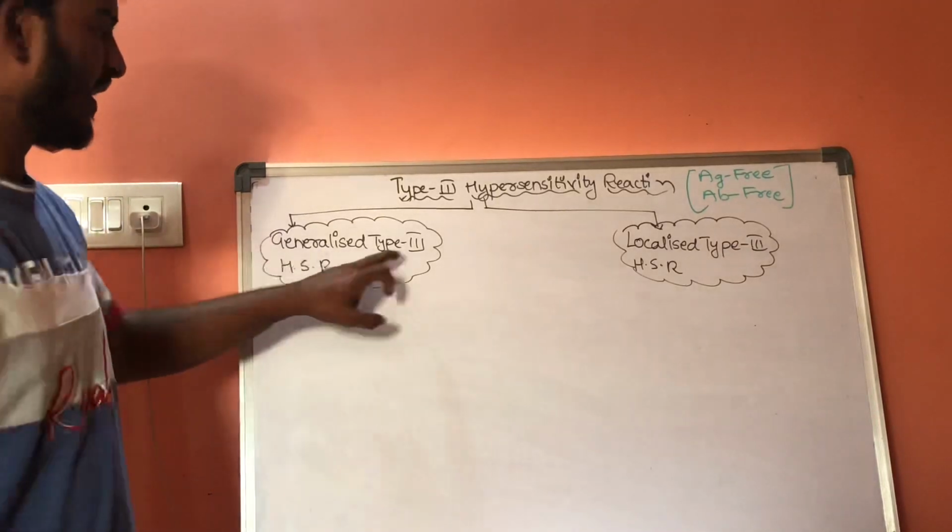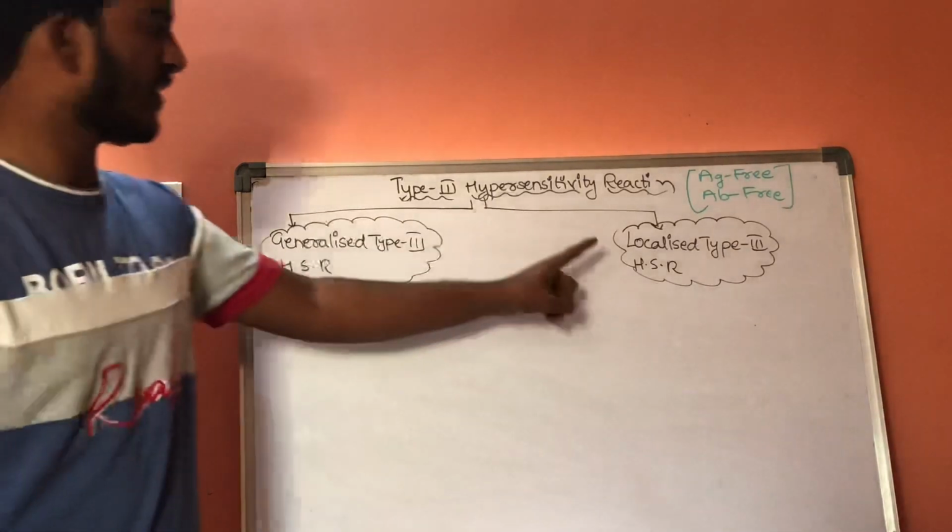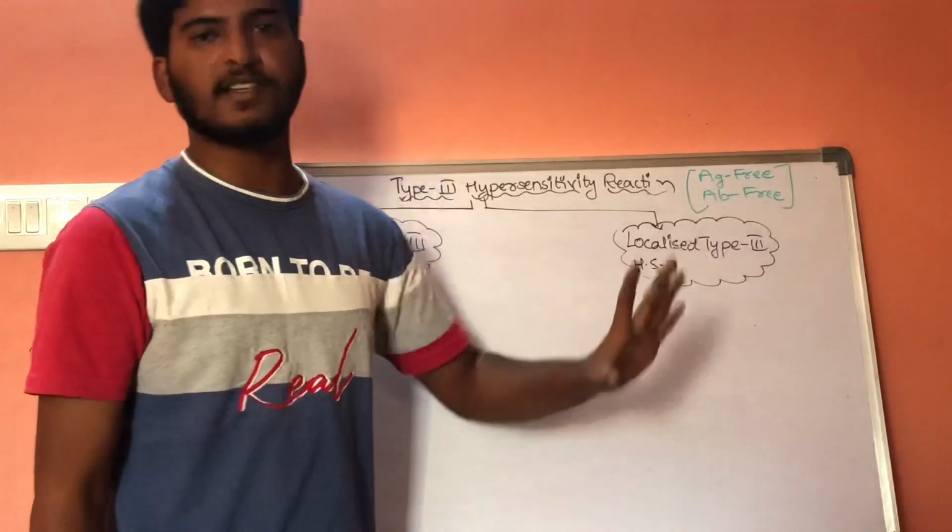One is generalized type 3 hypersensitivity reactions, while the other one is localized type 3 hypersensitivity reactions.